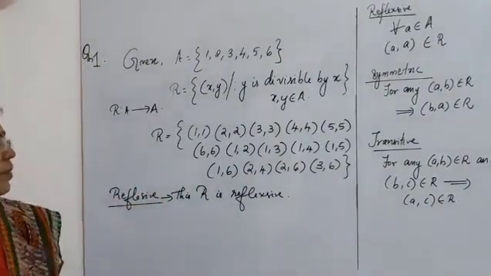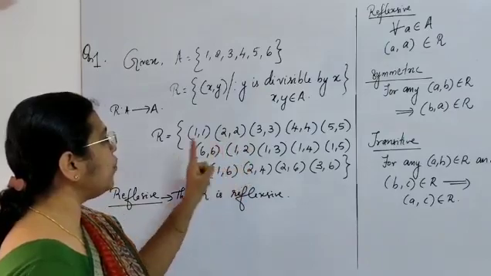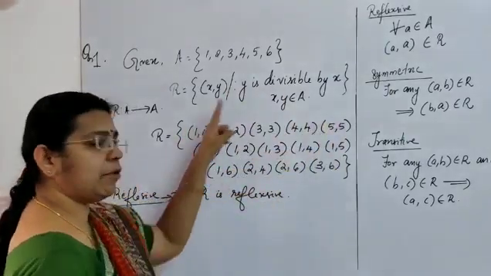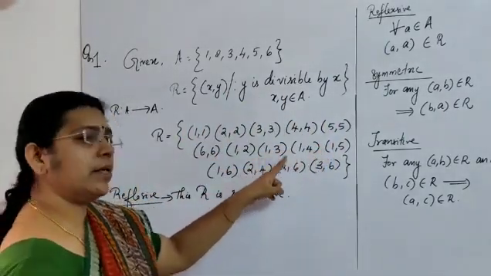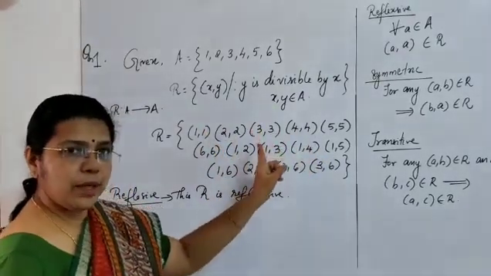Now let us check for symmetry. Symmetry means what? You have (1, 2). Do you have (2, 1) here? No. You have (1, 3). Do you have (3, 1)? No. (1, 4). Do you have (4, 1)?